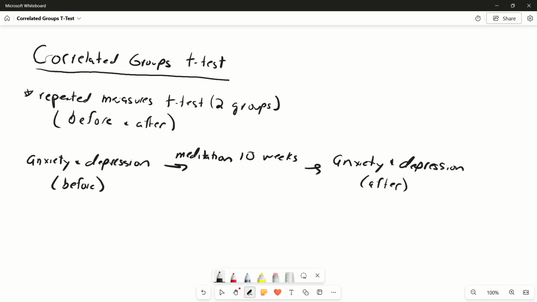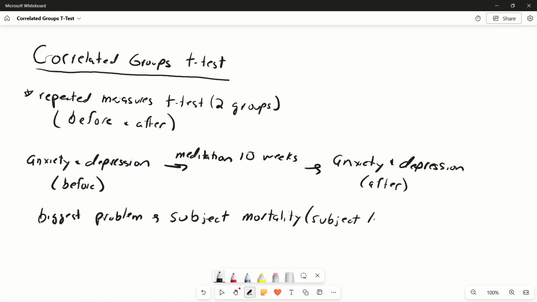And there are problems with the correlated groups t-test, right? The biggest problem is subject mortality. Now that doesn't mean that the subjects die, although I guess they could. You would hope not to be the case. But subject mortality just means subject loss. So you give the before, and then you do the intervention, and then you hope that they come for the after, right?